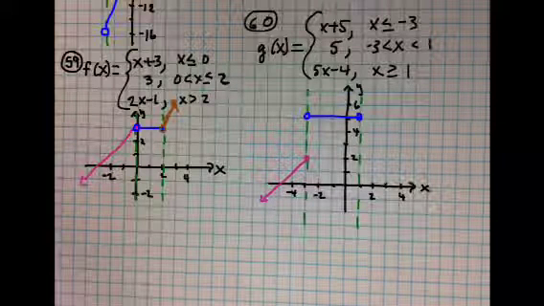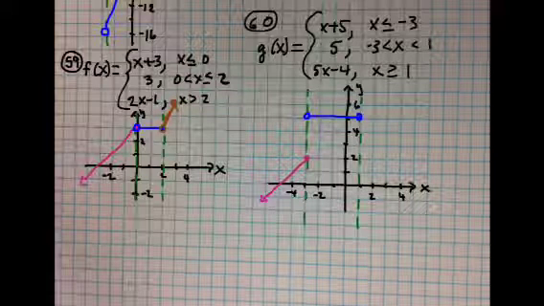And then for the last one, 5x minus 4, I'm going to plug in a 1. So 5 times 1 is 5, minus 4 is 1. So the point is going to be 1, 1. And it's going to be closed.